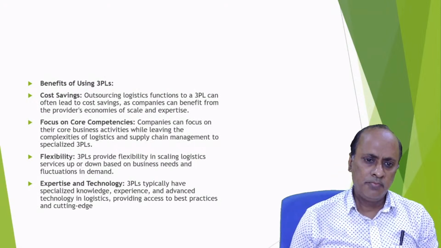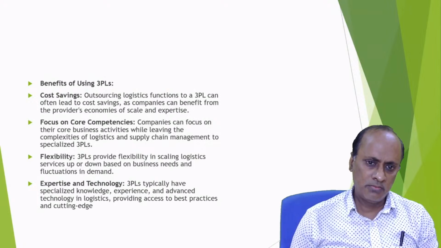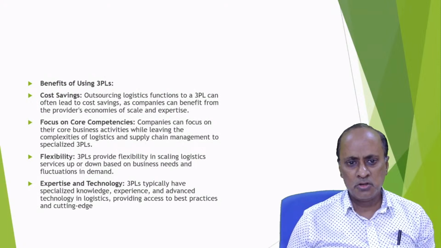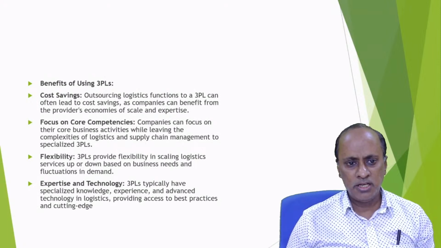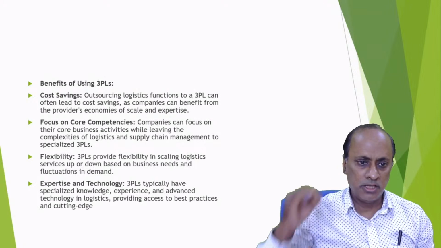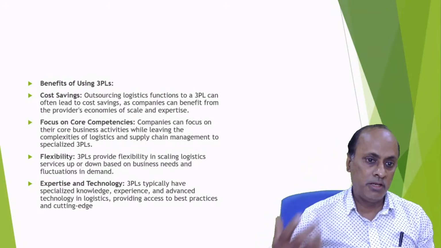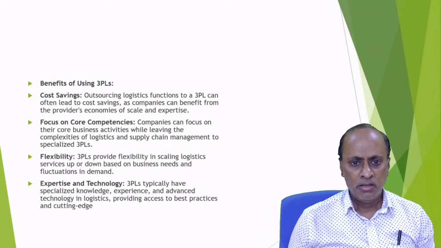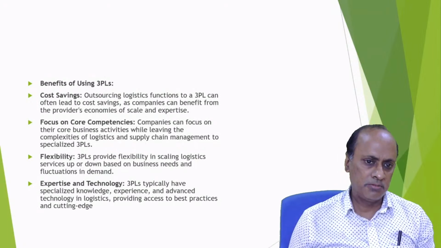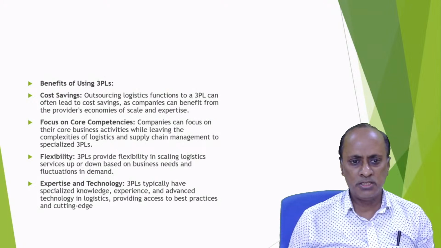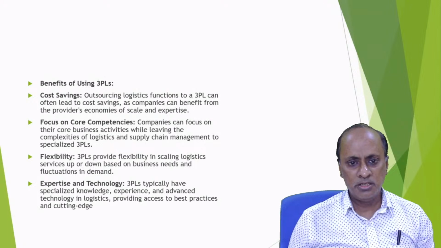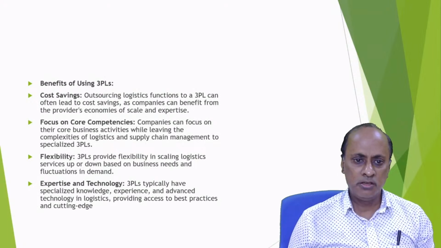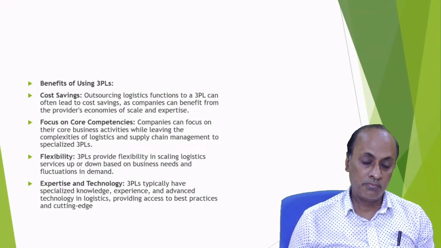Suppose a company has its own logistics function. It cannot fully utilize the transportation to the optimum level, so it cannot get the benefit of economies of scale. Similarly, they do not have the expertise because their core competency is not in logistics. Their core competency is in production, or in manufacturing a particular product.